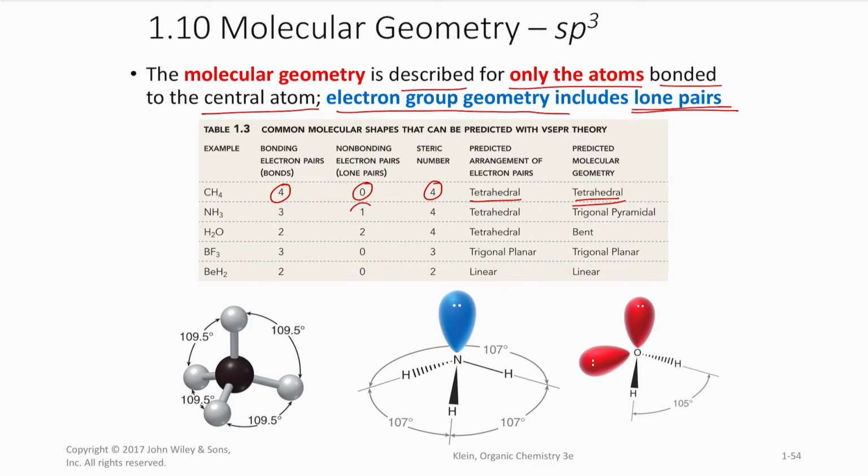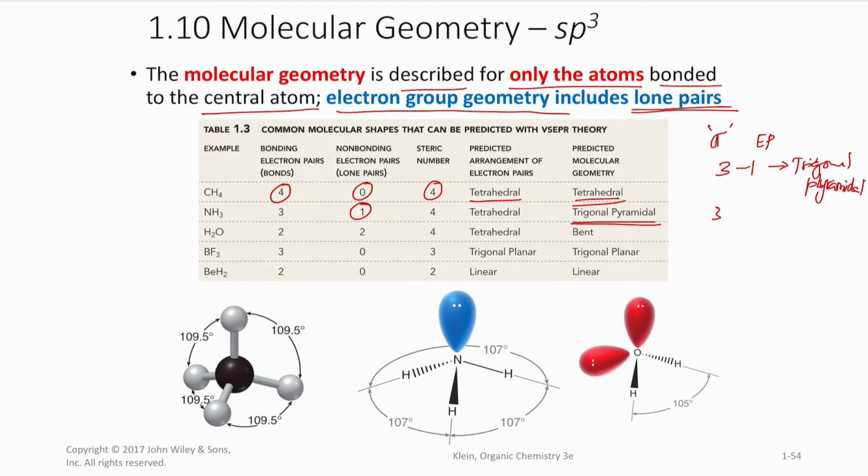But when you increase the number of lone pairs, they change the molecular structure. So when you have a 3-1 structure with respect to the number of sigma bonds and lone pairs, that results in a trigonal pyramidal structure.